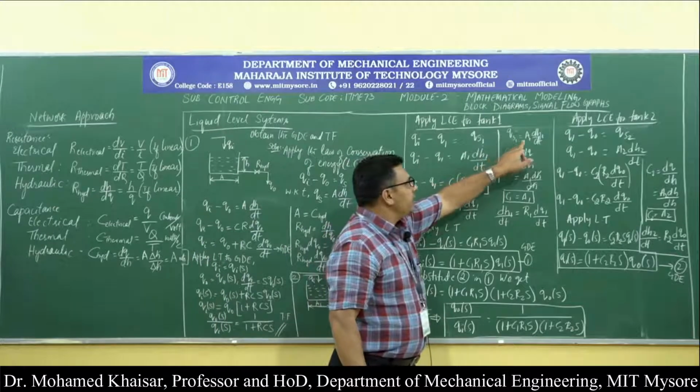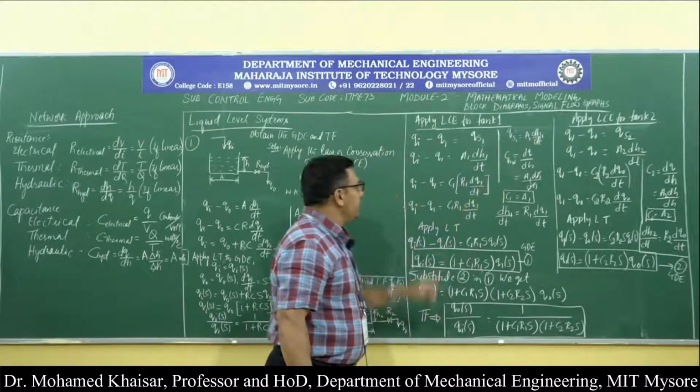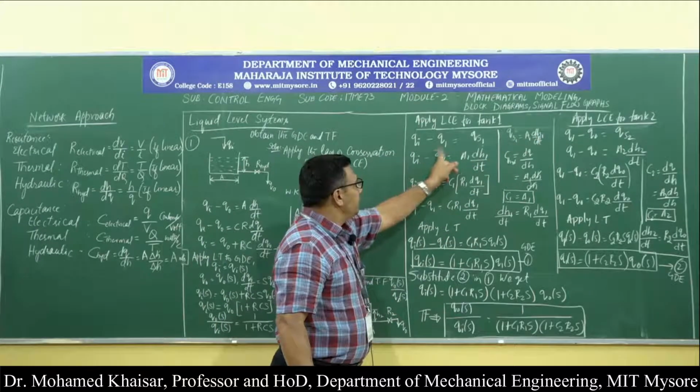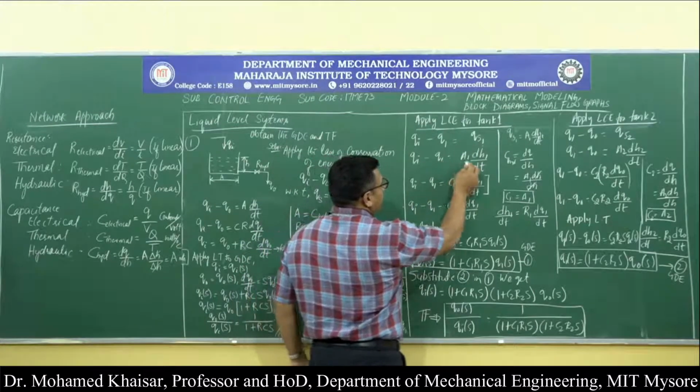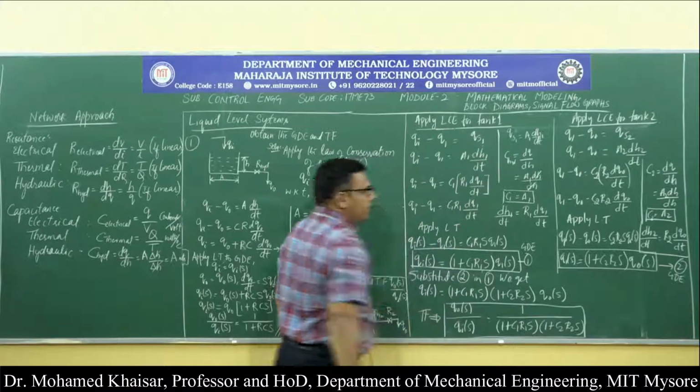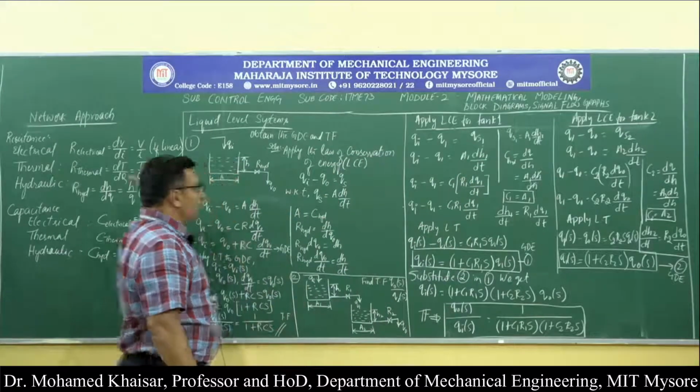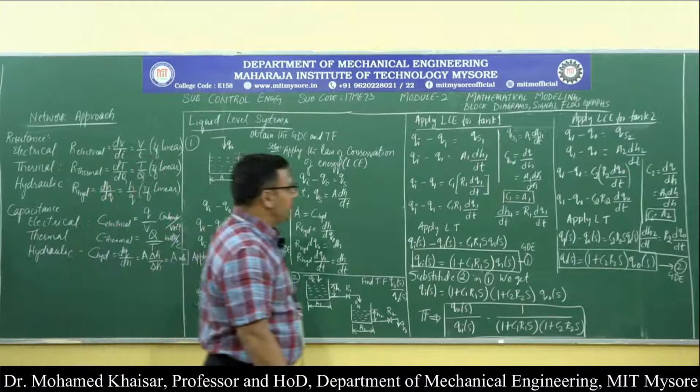So, QS1 can be written as A1 into dH1 by dt. When we substitute that in this equation, we get Qi minus Q1 is equal to A1 into dH1 by dt. Now, again use all the network approach terminologies.